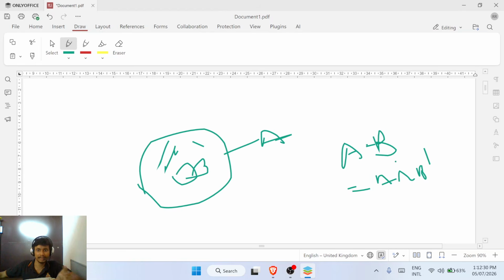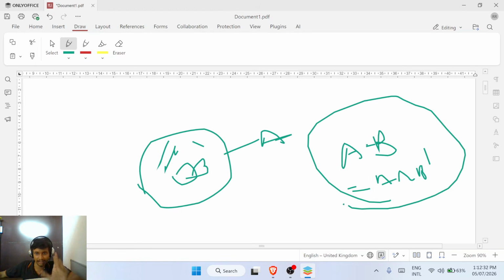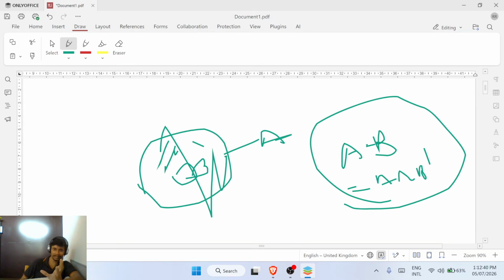You must memorize this. It's very important. If you don't understand the small proof, don't worry, just memorize it. A minus B is equal to A intersect B dash, because we subtract B from A, and that is B dash.